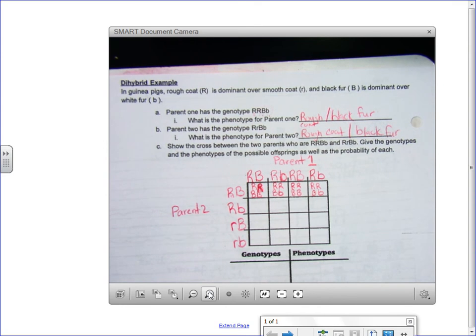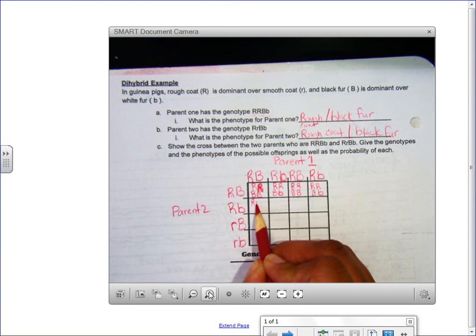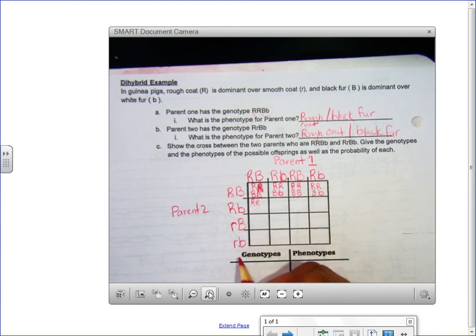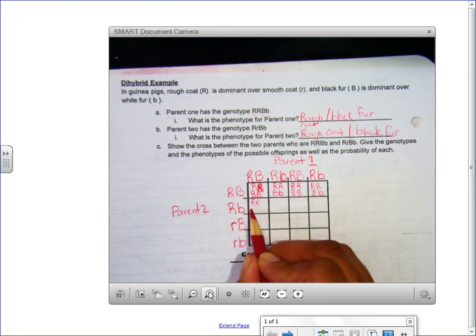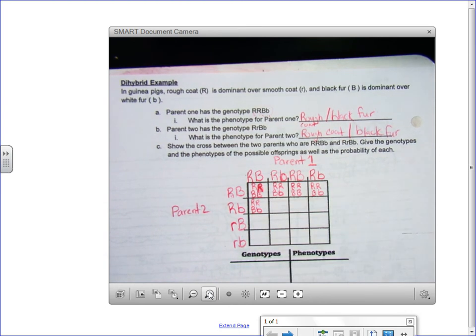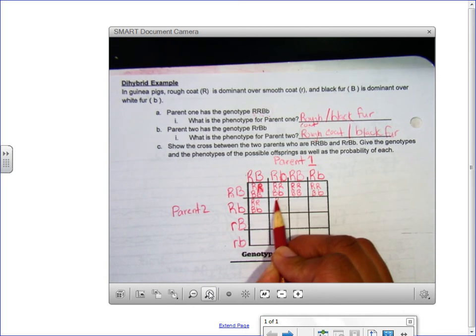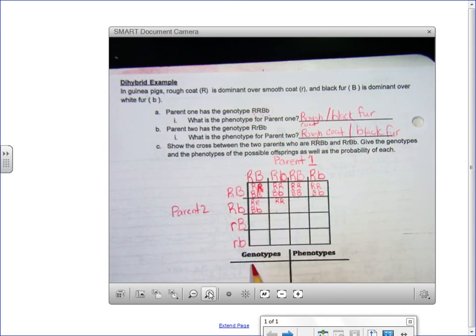All right. Another possibility, moving on to the second row. Renisha. Capital R, capital R. Big B, little b. Dominant B, recessive B. What about here, Kyle? Capital R, capital R, and lowercase b, lowercase b.